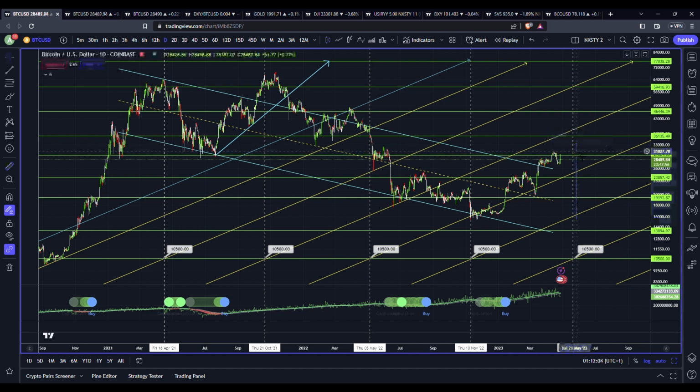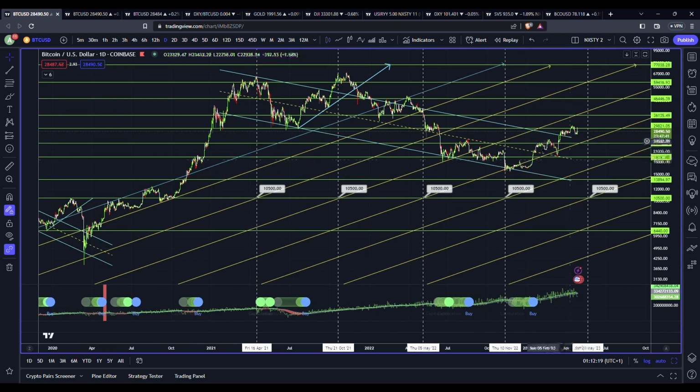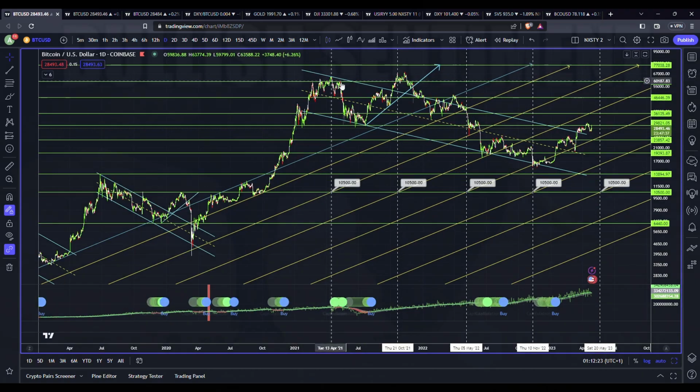So we had a 100% pump instead, as a sign of trend reversal. That's why we think this could be the beginning of a new bull market, as we try to find support at the top of the channel again after a while.